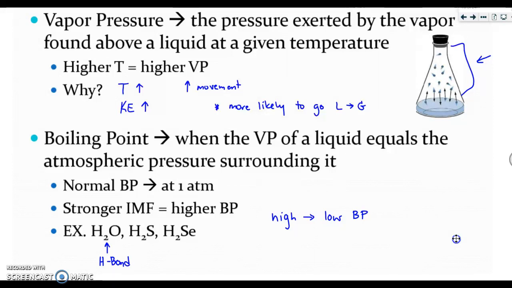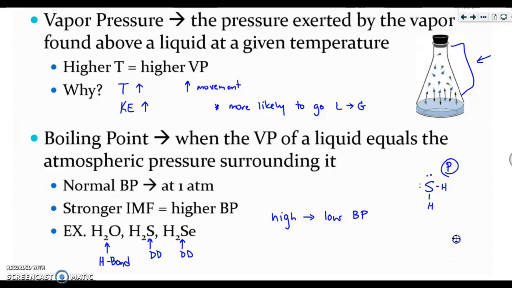H2S, if I drew it out, looks like this. It has lone pairs on the center, so it's polar. H2Se is going to look the same. So they're both polar, so both of these would have dipole-dipole forces.